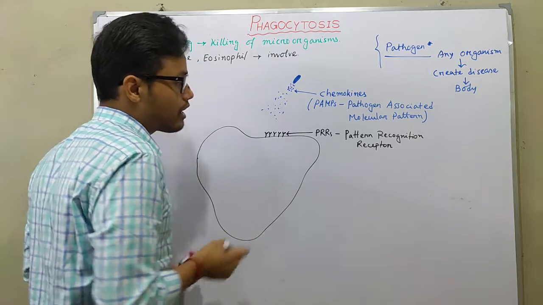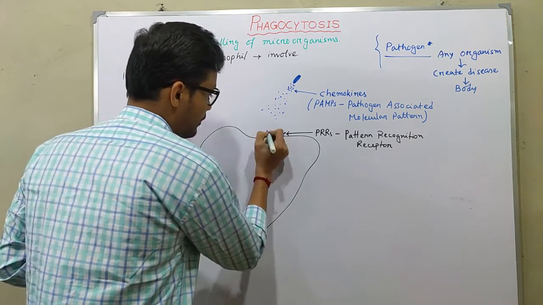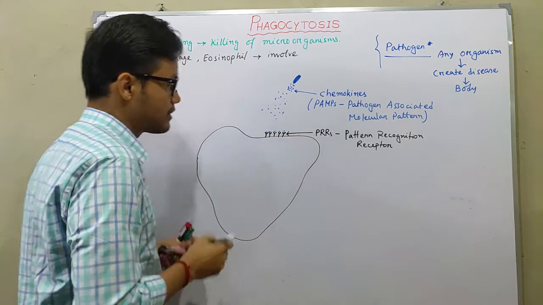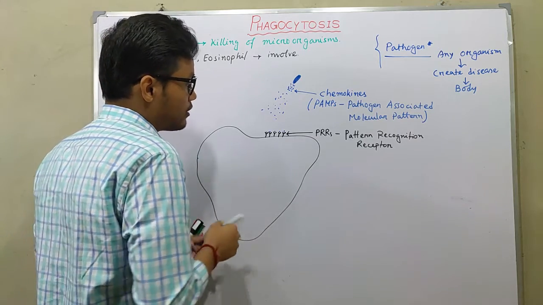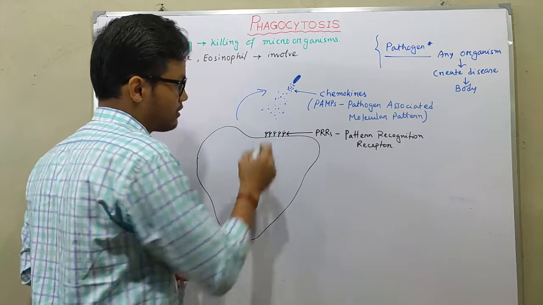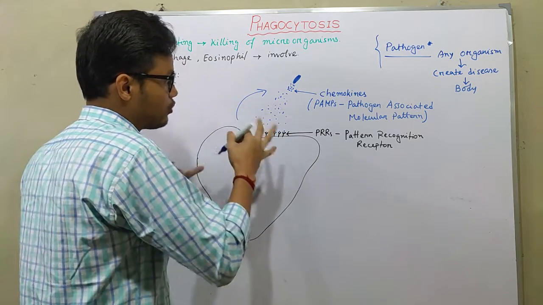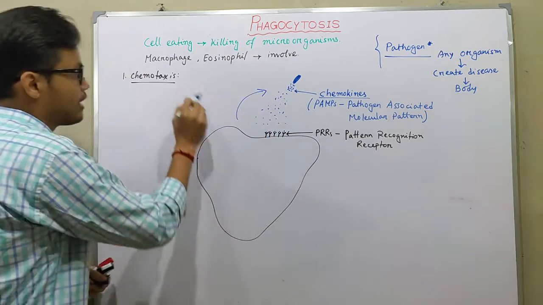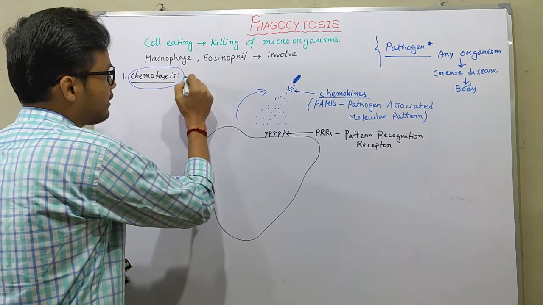So when a pattern recognition receptor binds with those particular chemokines or PAMPs, the macrophage is activated, and now the macrophage moves towards those pathogens along their concentration chemical gradient, and that movement due to those chemokines is known as chemotaxis.